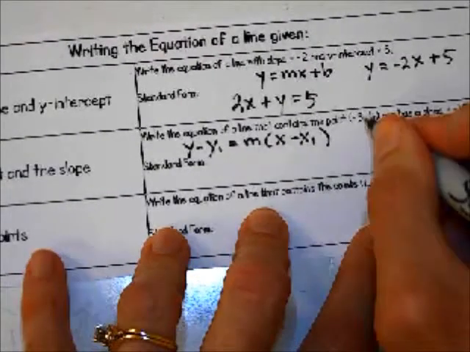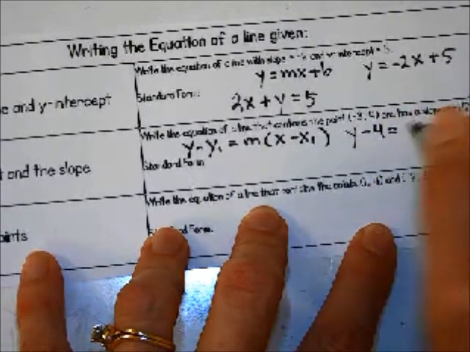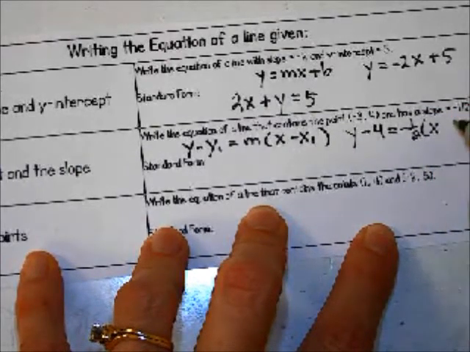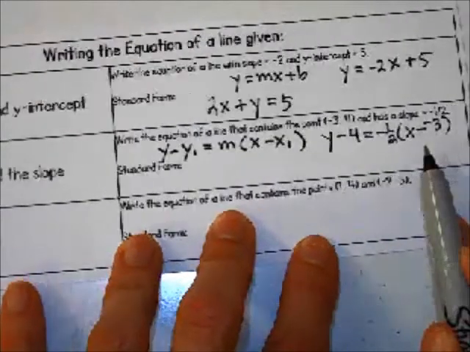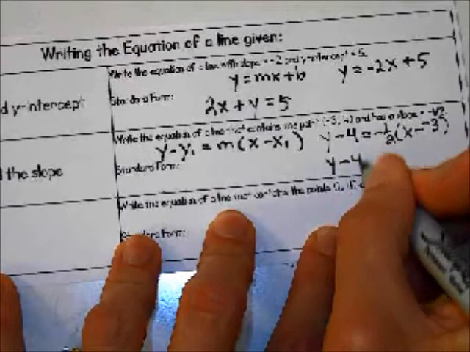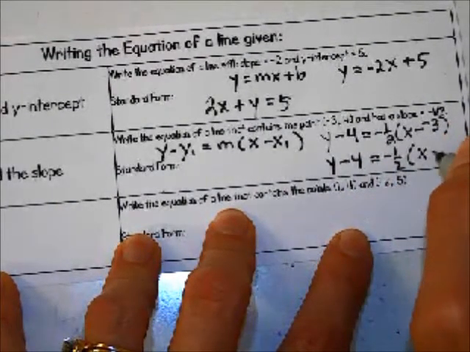So it looks like this. Notice we ended up with a double negative there. So you have y minus 4 equals negative 1/2 times x plus 3.